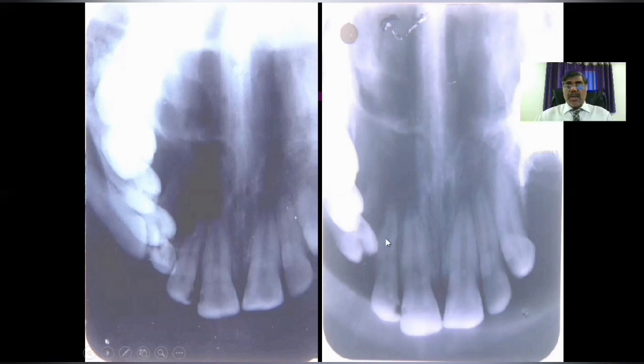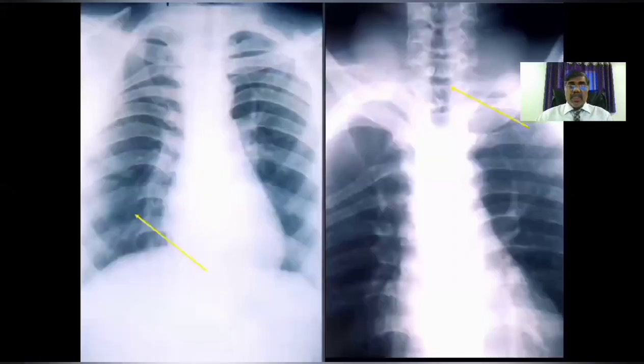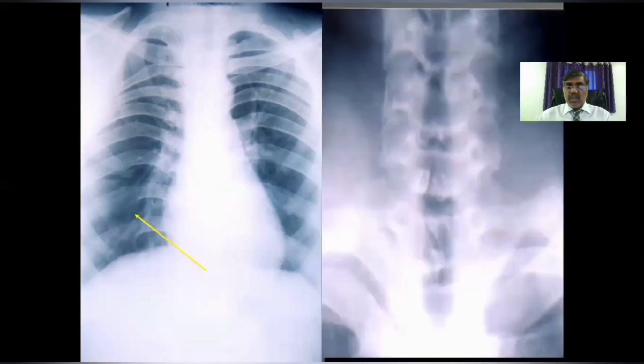So multiple recurring odontogenic keratocysts are a feature of a greater pathology called nevoid basal cell carcinoma syndrome, or Gorlin-Goltz syndrome. Here you can see the same patient also had a cleft in the spine, so spina bifida occulta, as the name suggests.